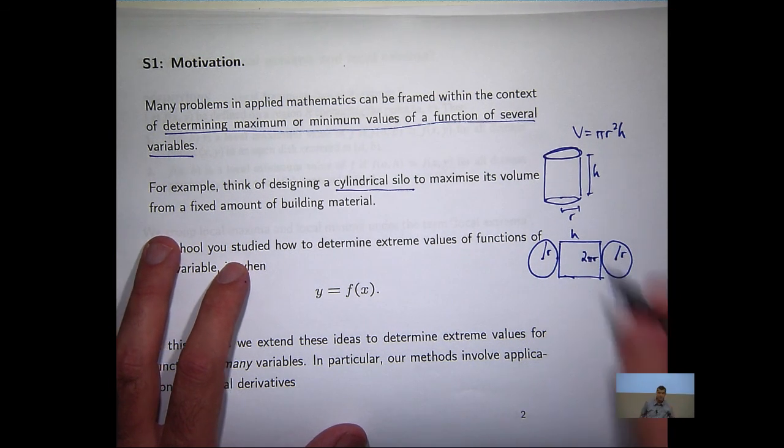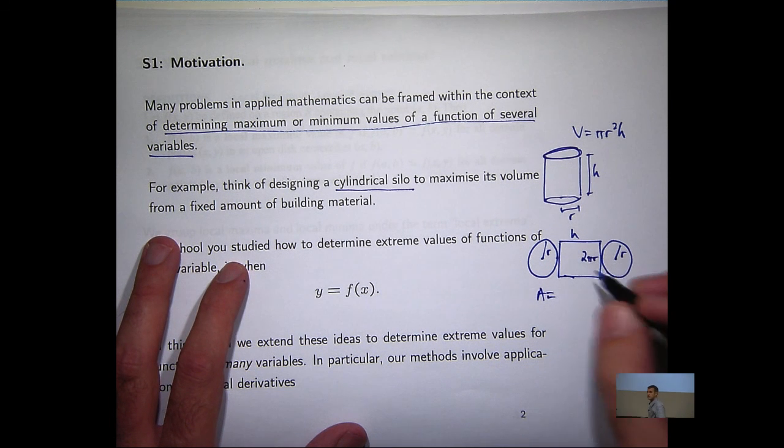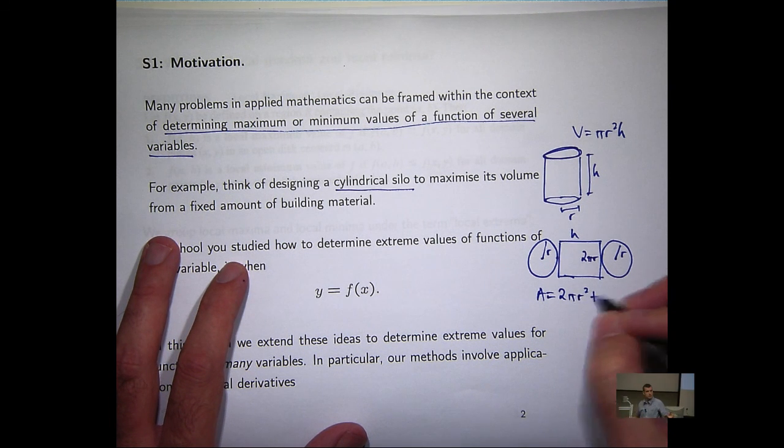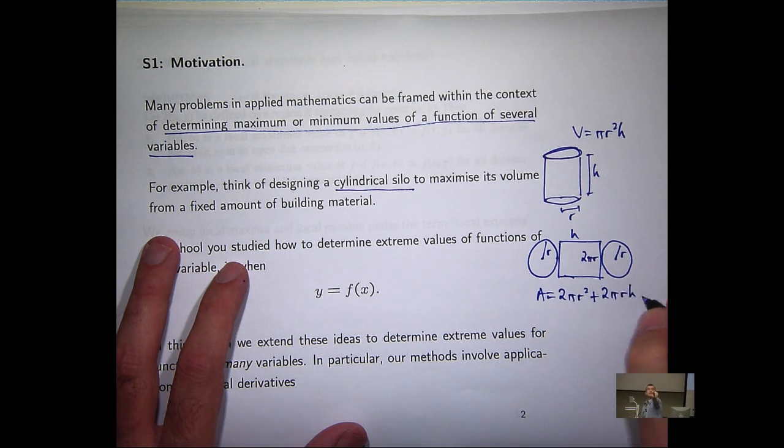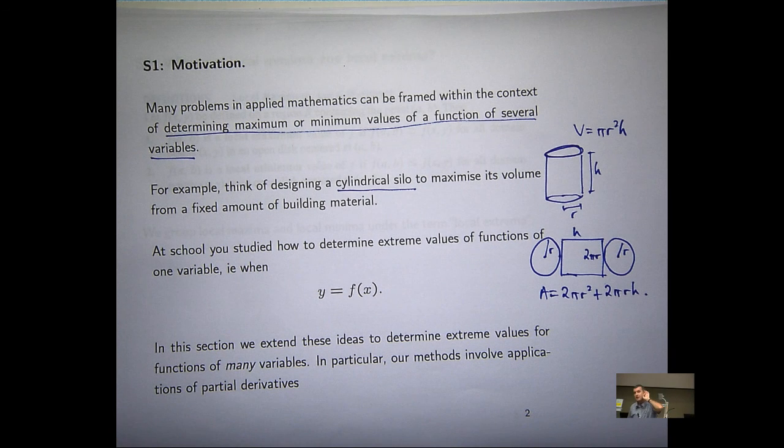So for that problem, what you would want to do is maximize V subject to the constraint A, where A is some number. So you might have 10 square meters or 100 square meters, or 1,000 square meters if you're building a big silo.